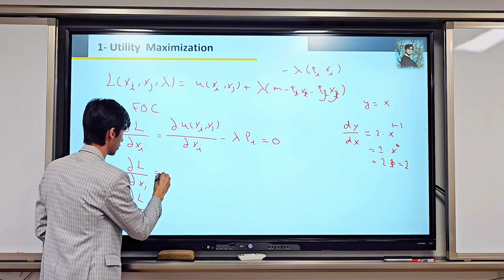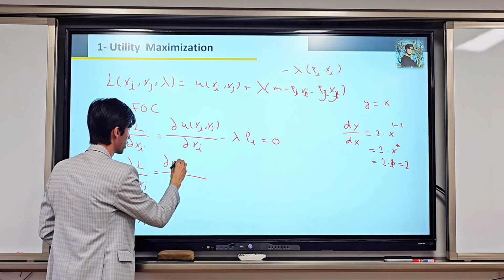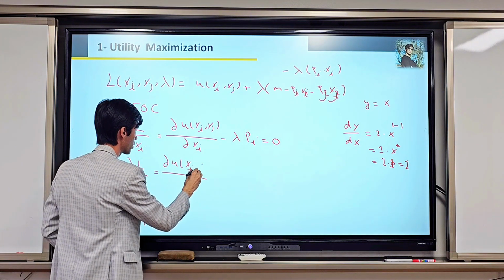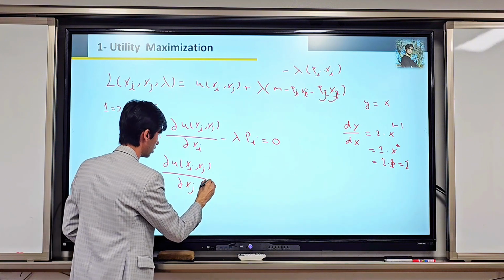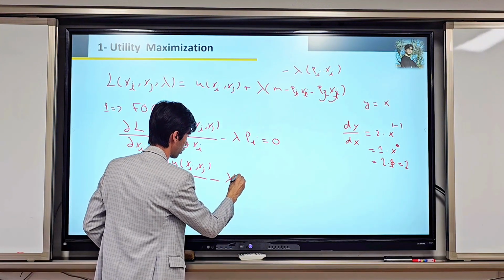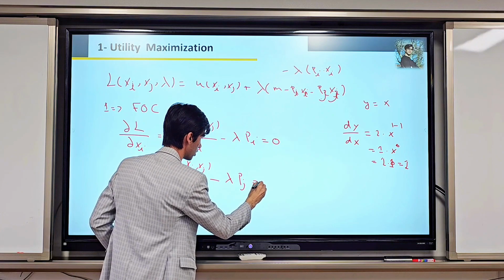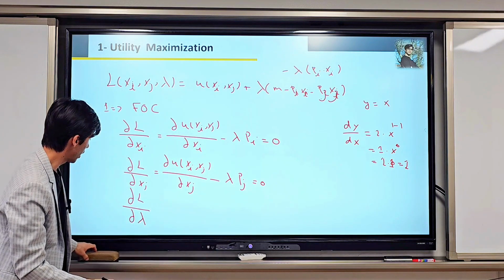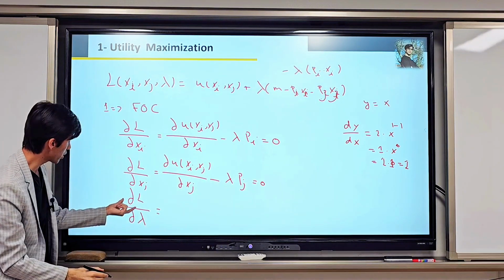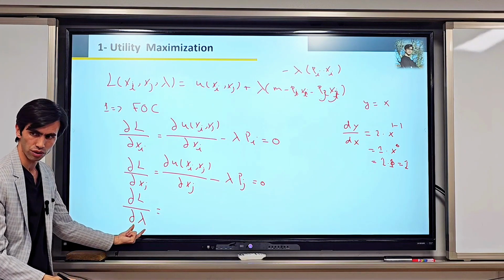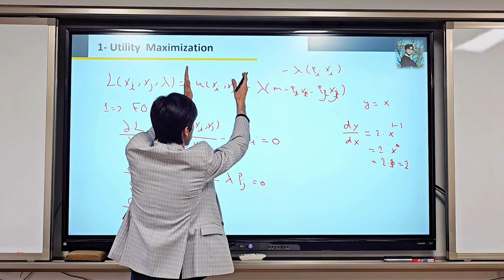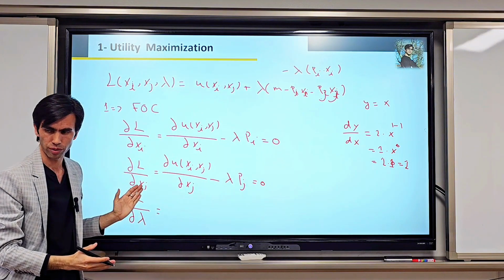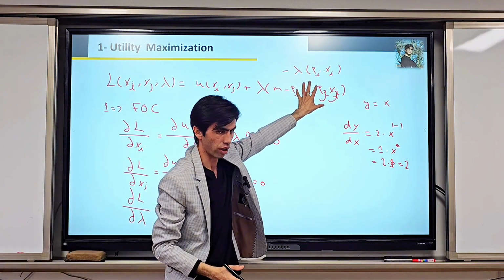Then again, the partial derivative of u(xi, xj) with respect to xj, this one will move to lambda pj, equal to 0. Now, when we take the partial derivative of the Lagrangian with respect to the Lagrangian multiplier, we don't need this part, because there's no Lagrangian multiplier. We only need this part.